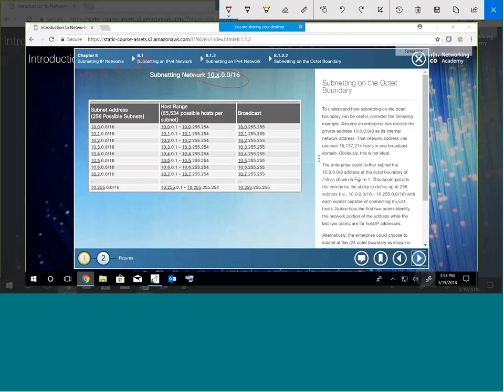So it's 0 to 255 and 1, and what they did is 254 because they used the usable IP address. So that's the first usable host, the last usable host, and then the actual subnet is this, and then this is the broadcast. But this is neat. This is taking a Class A and making it into the size that you need to fit your network.